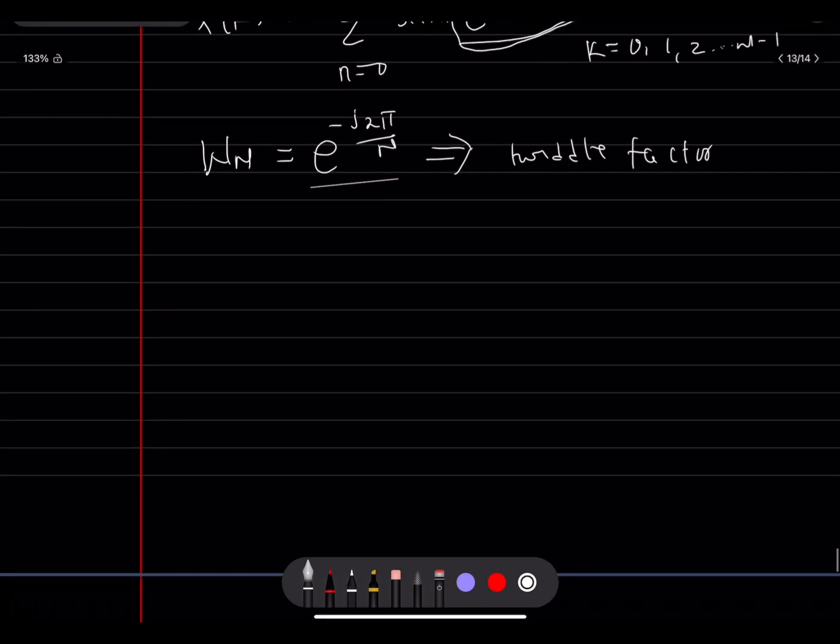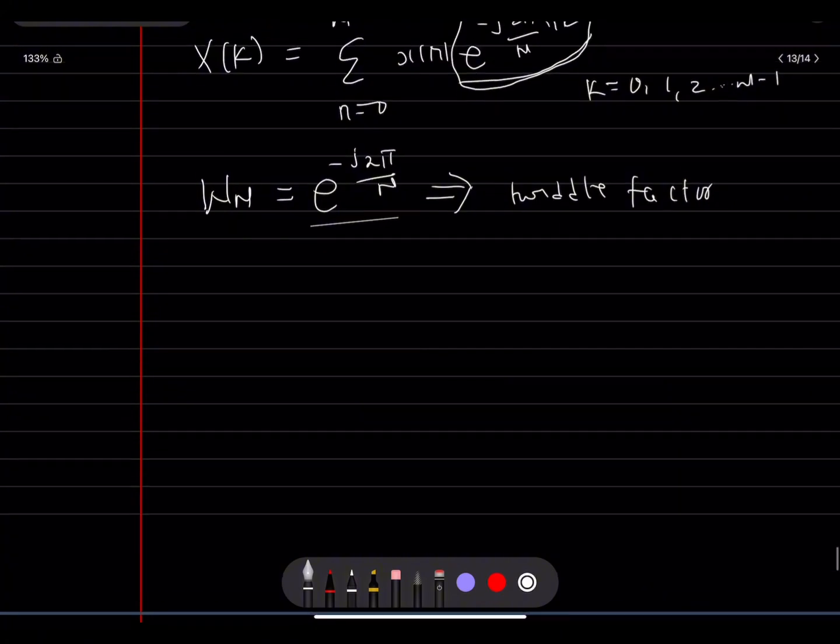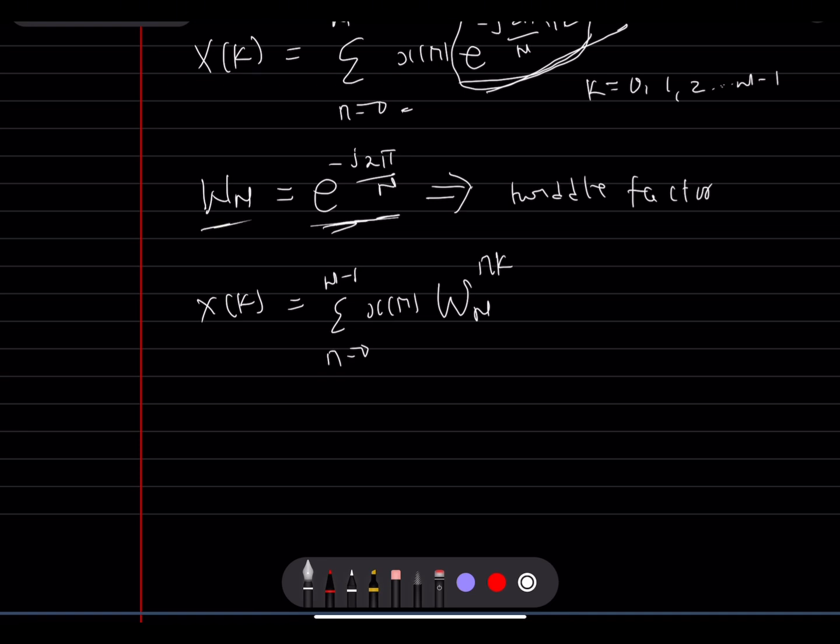Based on that, I can rewrite the general equation into a simpler form as X of k equal to the summation of n equal to 0 to N minus 1, x of n, and then instead of writing this whole exponential term, I'll write omega N to the power nk, because this one represents this.